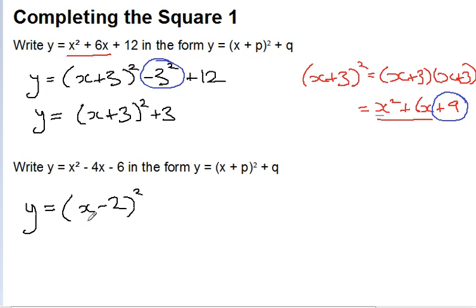If I expand that out, I get x squared minus 2x, which is minus 4x, which is exactly what I want. But I get a minus 2 times minus 2 as well. And a negative 2 times negative 2 is positive 4. A negative times a negative is a positive. So I get a plus 4 there, which I don't want.